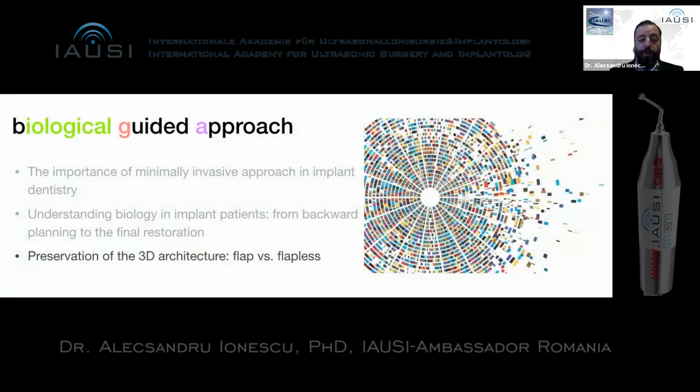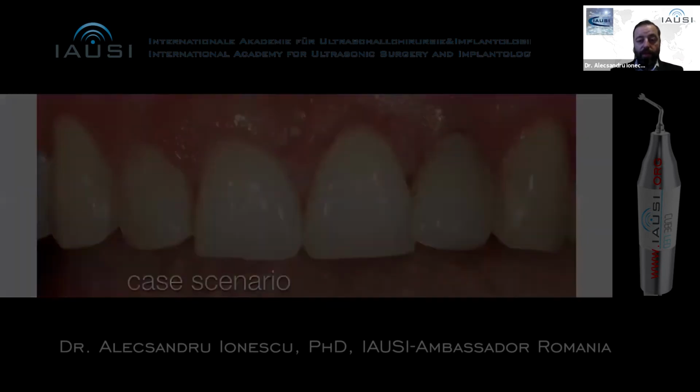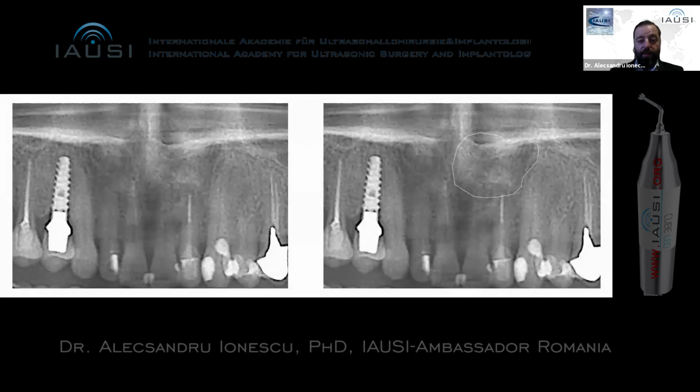Now, preserving the 3D architecture. It's an older case, where we had to extract the left upper lateral. This is the X-ray. On the X-ray, actually, it was almost impossible to detect something.